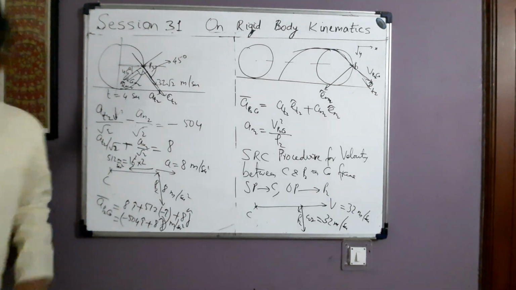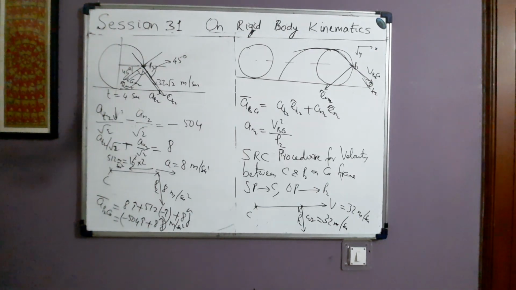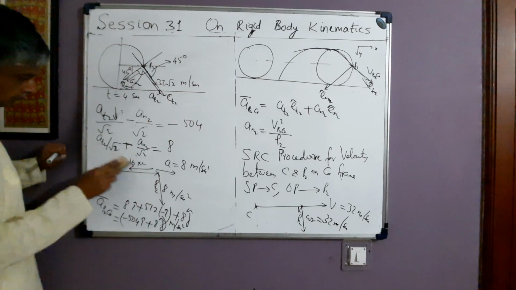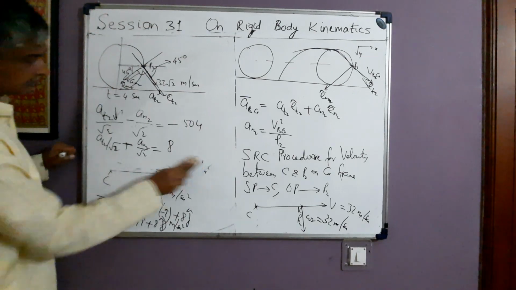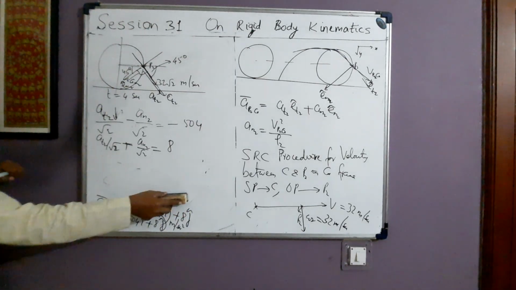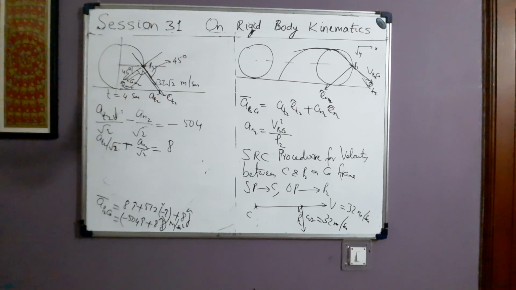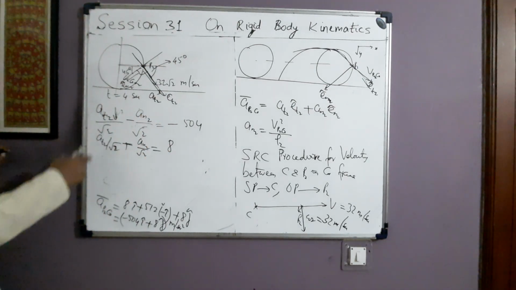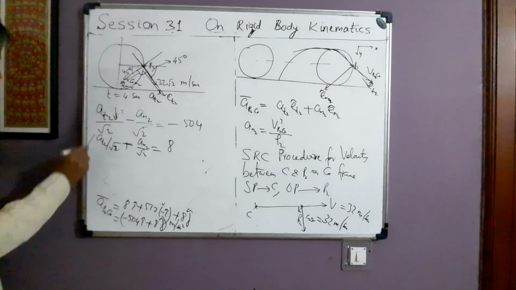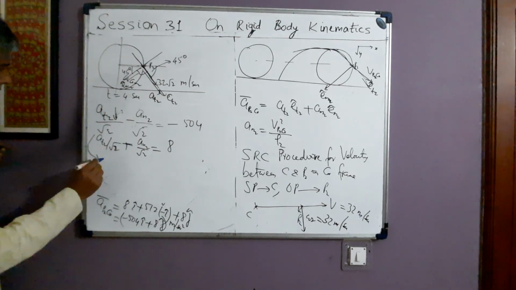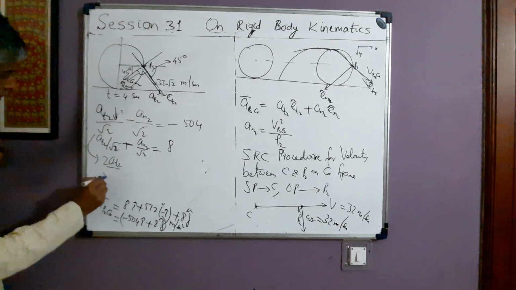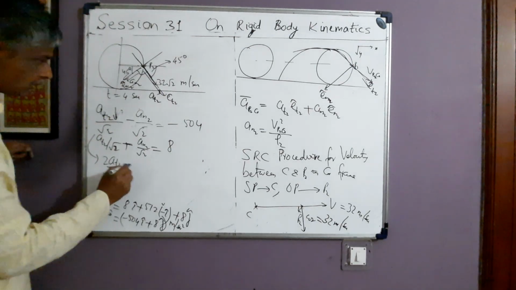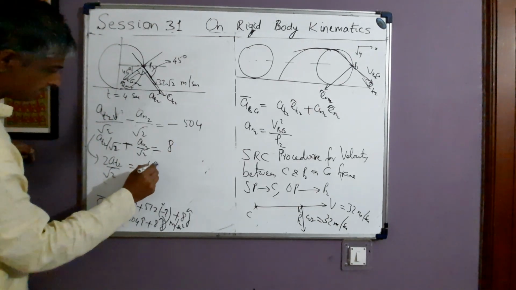Okay, fine. Now what I do, I add both of them. If I add them, this AN2 goes away. It becomes 2 AT2 by root 2, this term goes away, equal to minus 496.